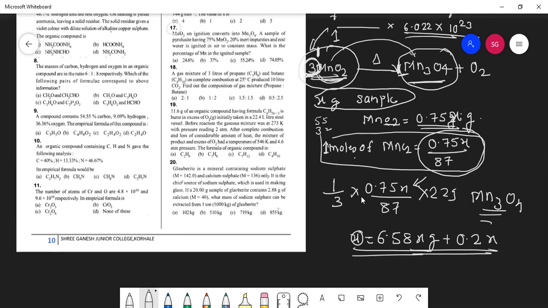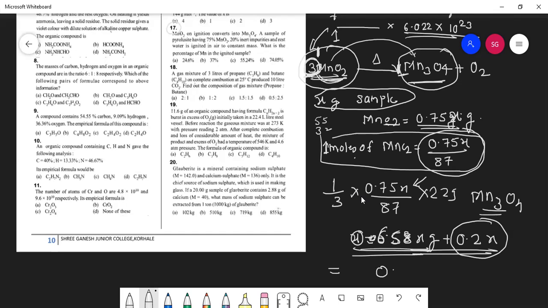You understood from where we have taken this 0.2x? In the question you see they have said 20% inert impurities. So this will be the total impurity. So how much will be the total impurity? This is 0.658 plus 0.2.